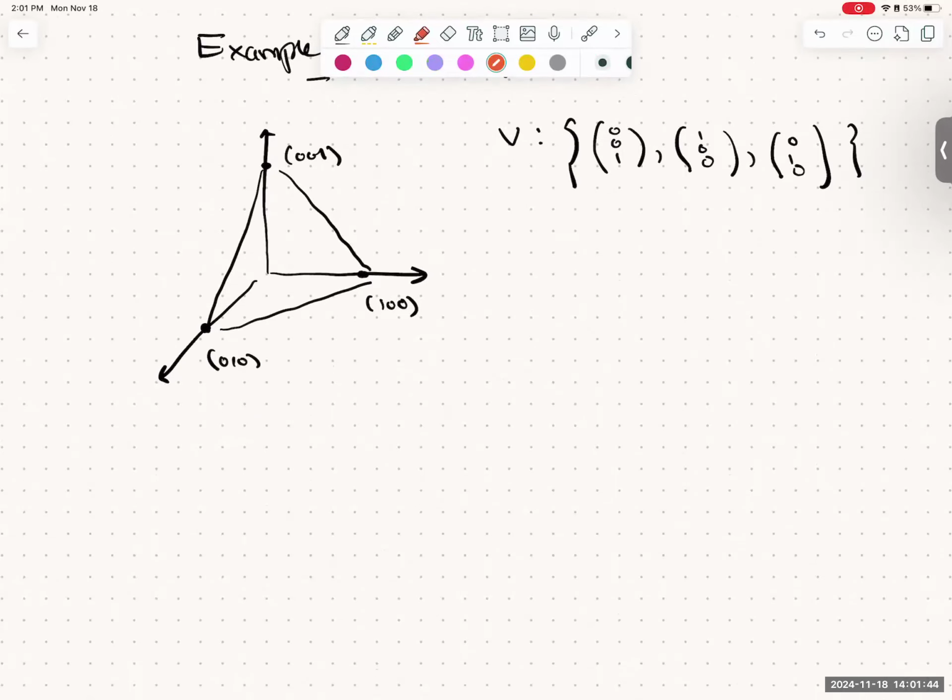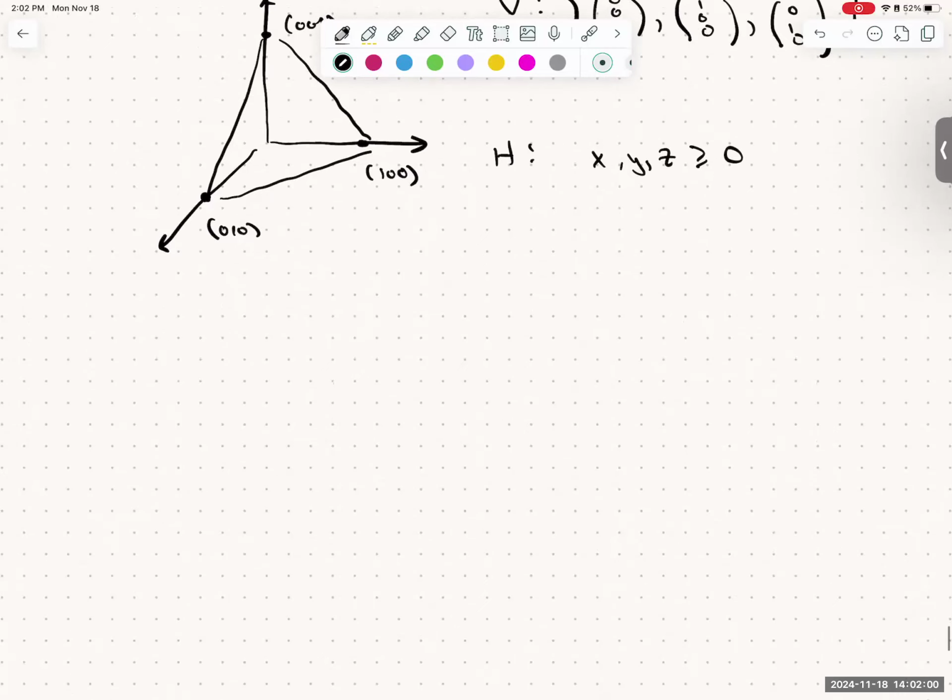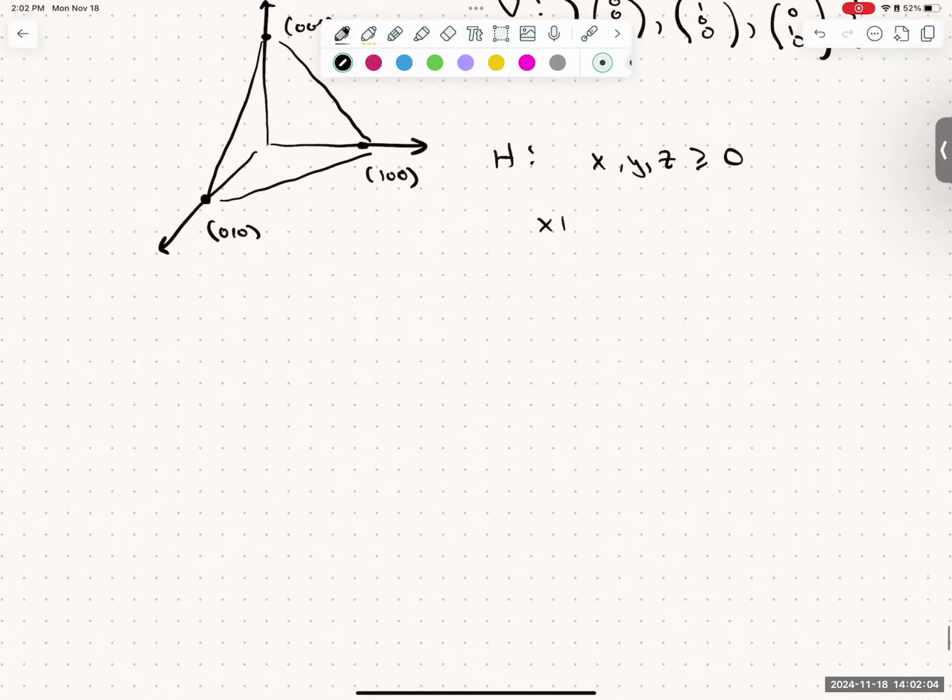But one thing that's a little bit different here is that when I write the H representation, I have not only that the coordinates x, y, z are greater than or equal to 0, I also have the following equation, which is that x plus y plus z equals 1.